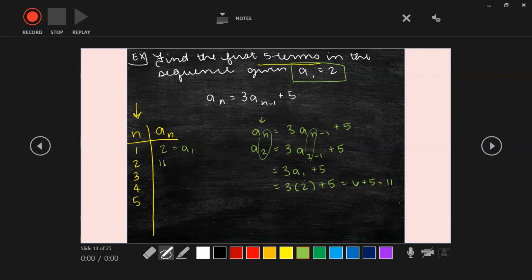Another hint is because we're using consecutive terms, if this process confuses you with the minus 1s and all of those things, you can just think, if I'm trying to find a sub 3, that means my equation is going to use a sub 2. If I am trying to find a sub 4, that means my equation is going to use a sub 3.